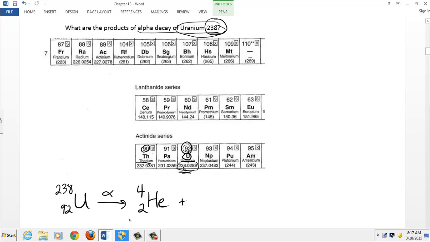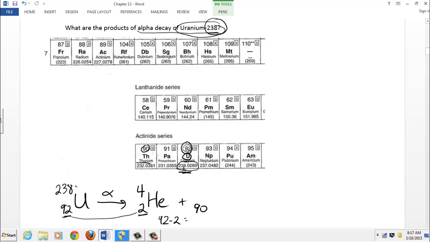Well, just do a little subtraction. Mass is kind of conserved, so the number of particles on the left side has to equal the number of particles on the right side. So if you start with 92 protons and you lose 2 of them, 92 minus 2 equals 90. So the atomic number is 90.